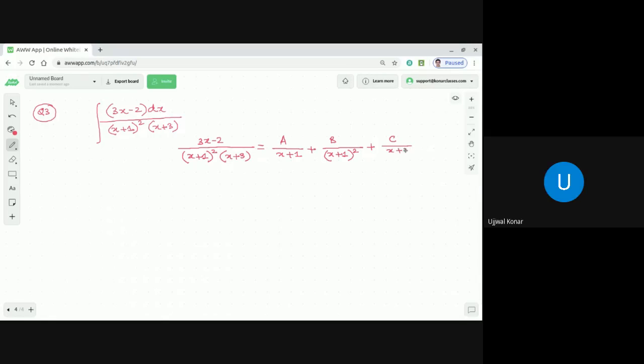Correct or not, dear students? So then what are we going to get?